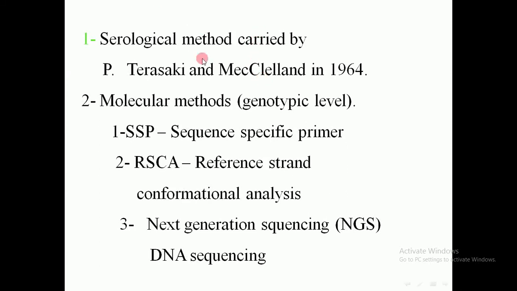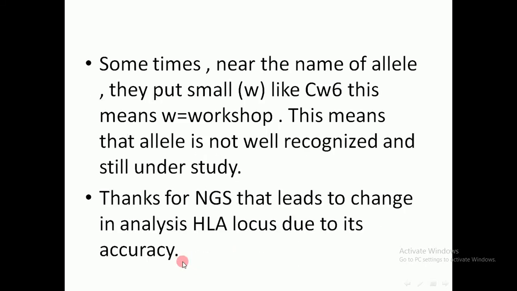The serological method was first done by the scientists Terasaki and McClelland in 1964, while the molecular method is at the genotype level, of many types: SSP, which is sequence-specific primer, another method, RSCA, which is reference strand conformational analysis, and the newest one, NGS, next generation sequencing, and DNA sequencing.